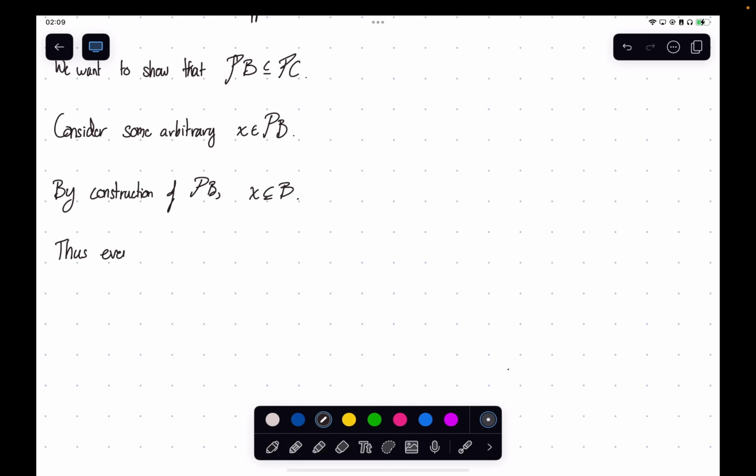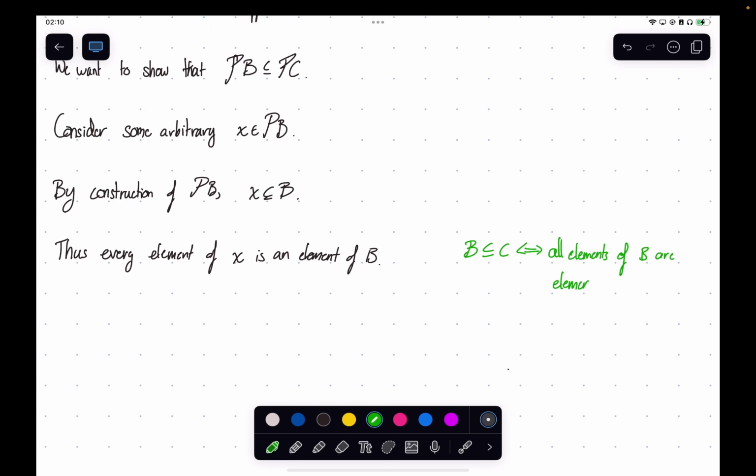Our initial assumption, I'm going to put it here, is that B is a subset of C. In other words, all elements of B are elements of C. So what does this mean?